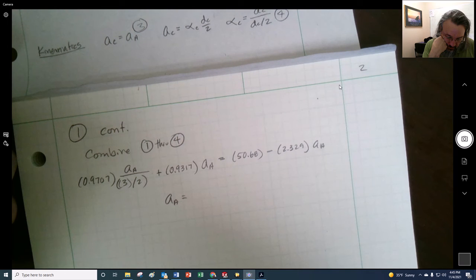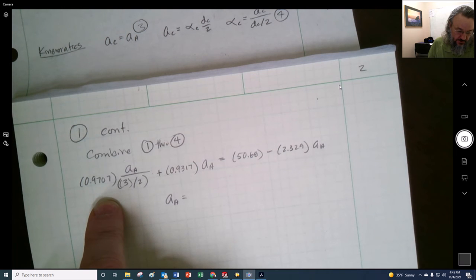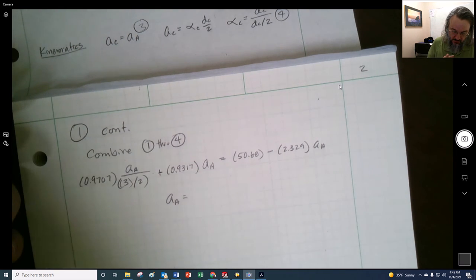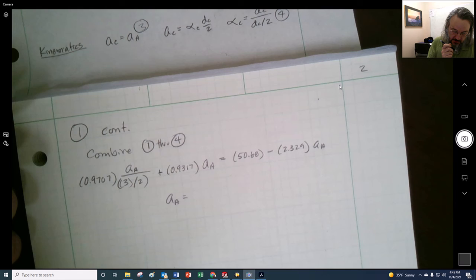I don't want to get a negative number. Okay, well, let's just see what happens. Tension that way, accelerate, and I know it's got acceleration downwards right here.